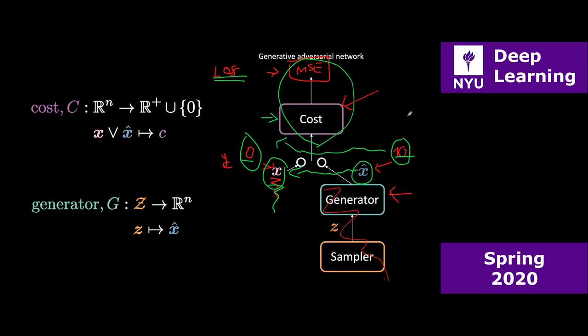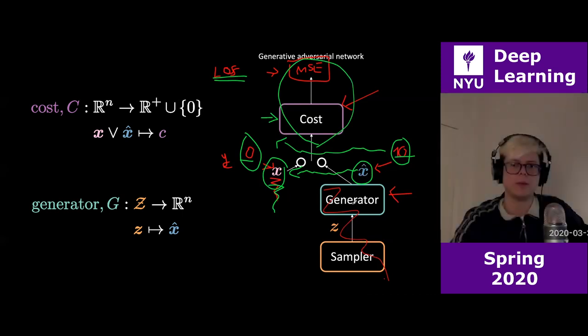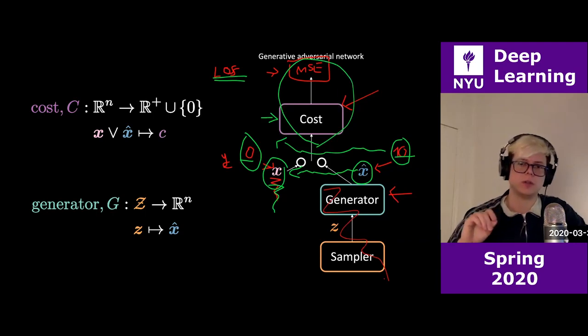Okay, what do you mean by getting blue X closer to pink X? Right. Right now my generator outputs this blue X, which is some image that looks bad, or it's money that really looks fake. Now, how do you make better money? Well, the cost network is going to give you a scalar value for each output your generator makes.